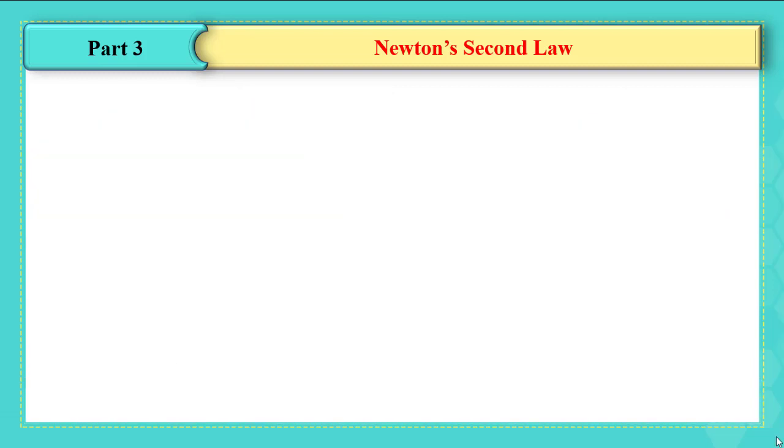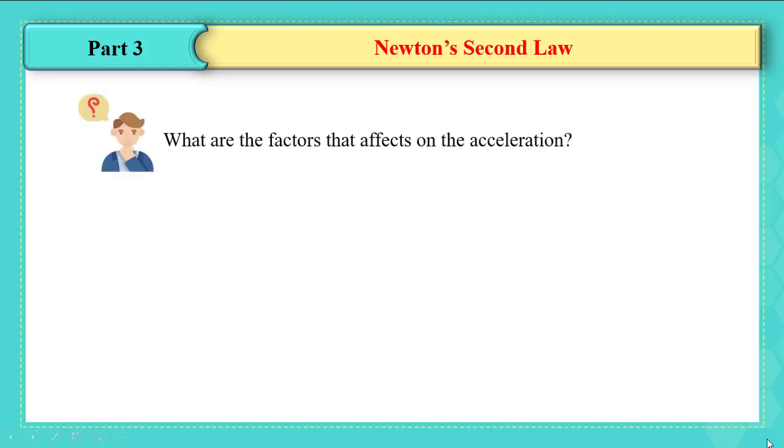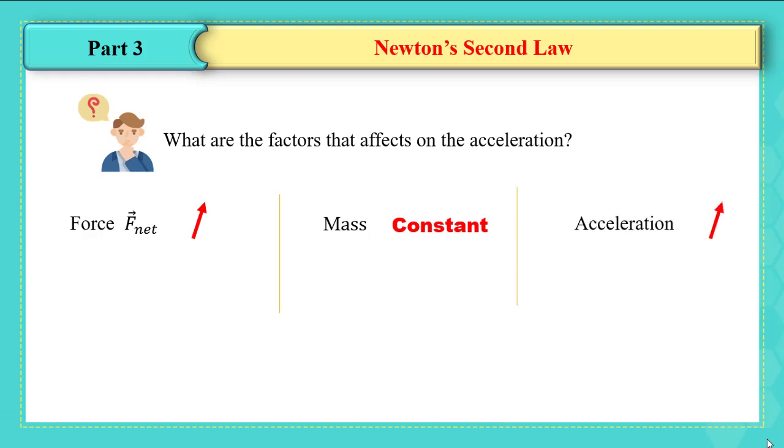To draw a conclusion, let's answer this question. What are the factors that affect the acceleration? We found that if the net force is more on the same mass, the acceleration is more. Thus, we can say that the acceleration is proportional to the force.